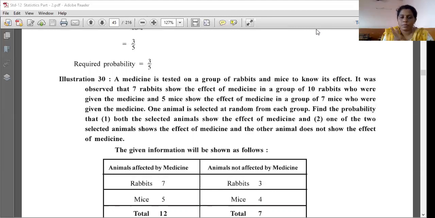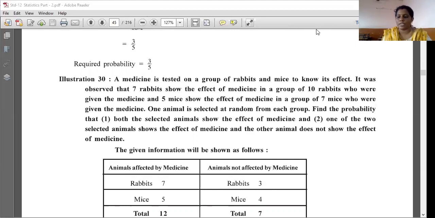It will take time. This probability chapter will take time to understand. You will slowly understand all the concepts. But if you are listening to all the illustrations carefully, then your concept will be clear, because in all the illustrations I am explaining the basic things again and again. Okay. So let's start with our illustration number 30.